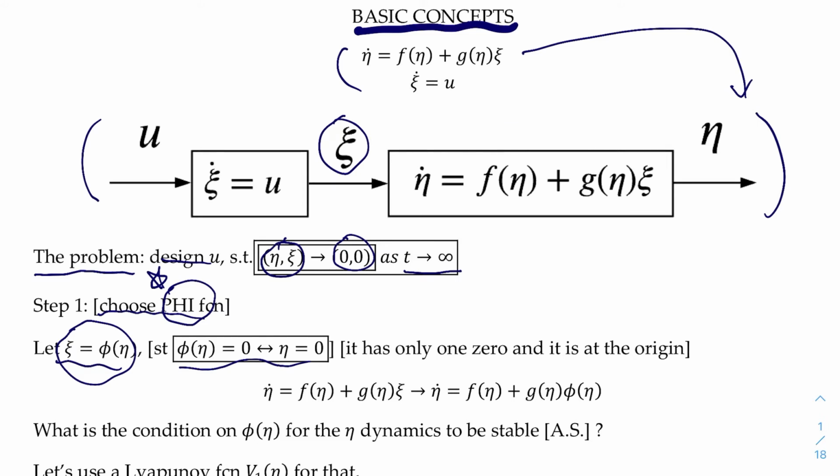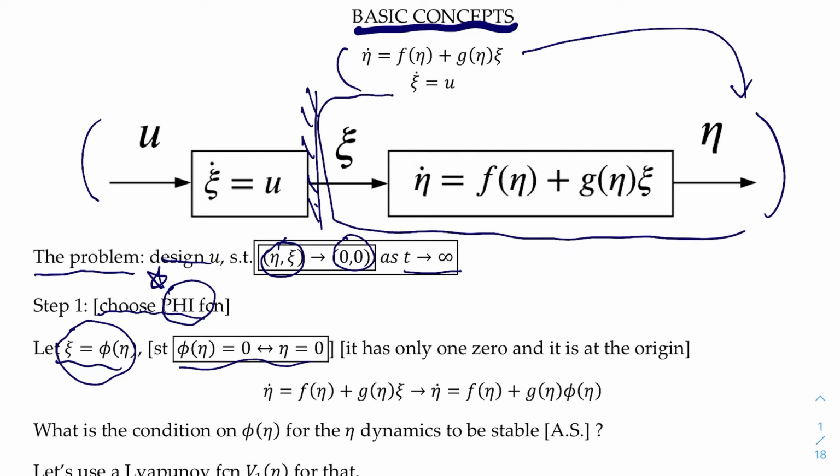So just focus on this. Just cut that part and focus on this part. Consider this xi as your input, and eta is the only state that you need to think about. So the problem is that it is a SISO nonlinear control problem at this point.